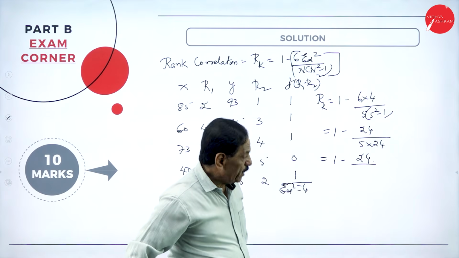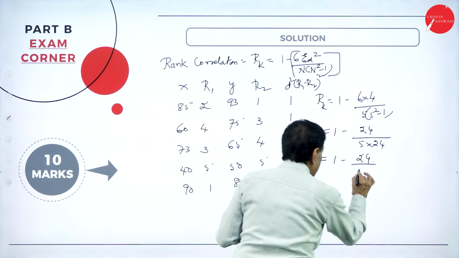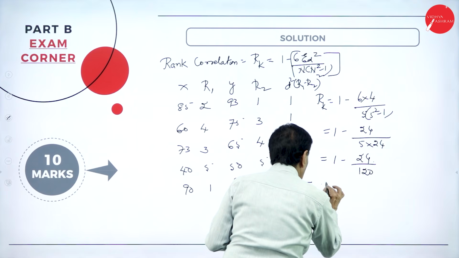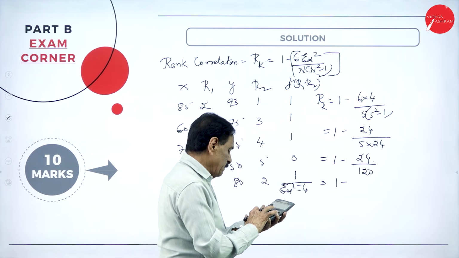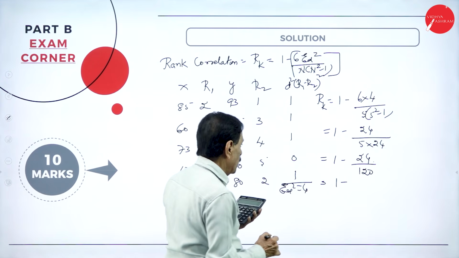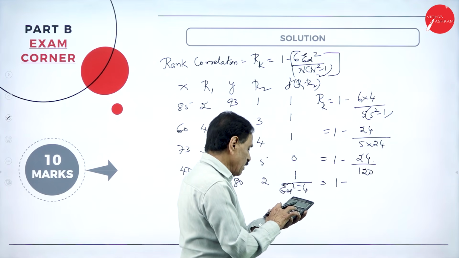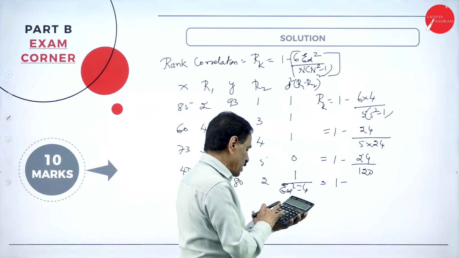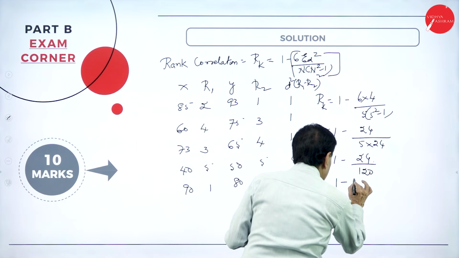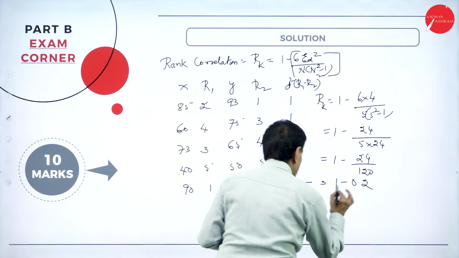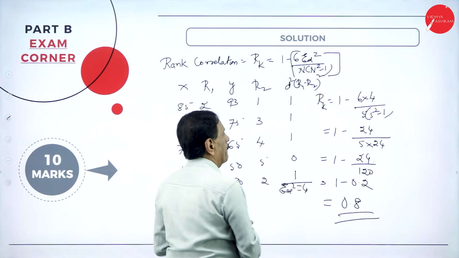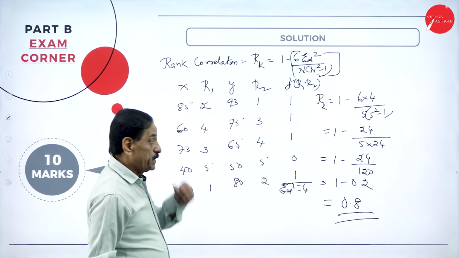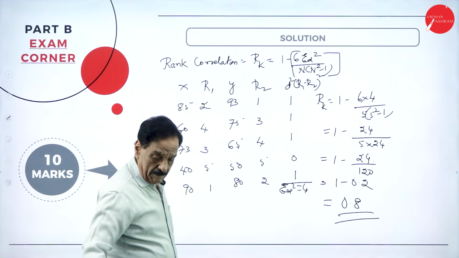So 24 into 5 is 120. So 1 minus 24 divided by 120, which is 0.2. So here the answer is 0.8. So 80% they are correlated.